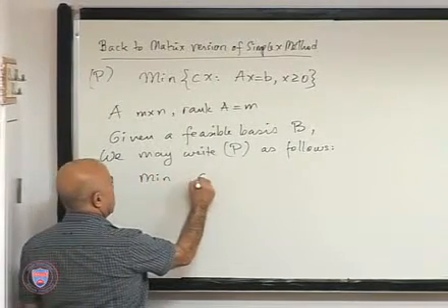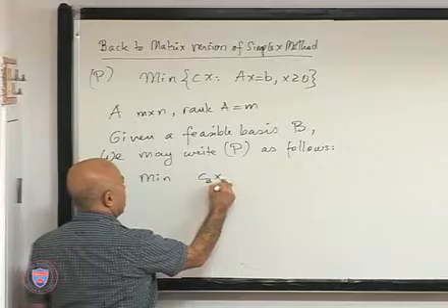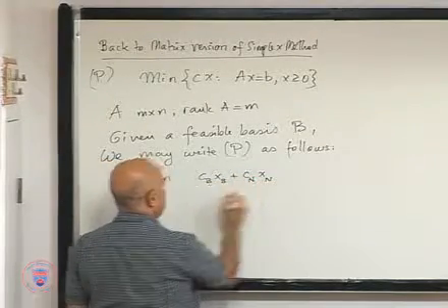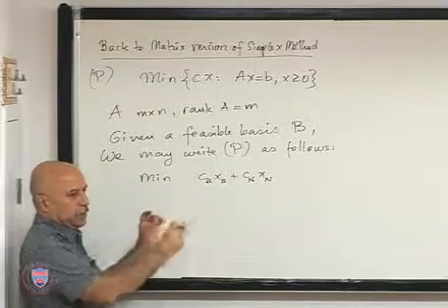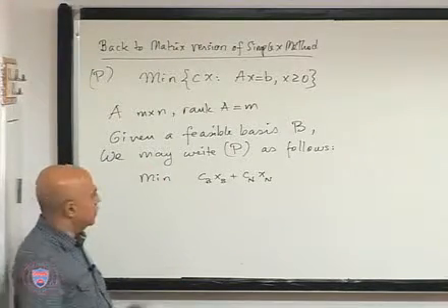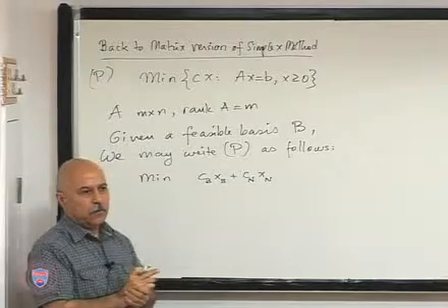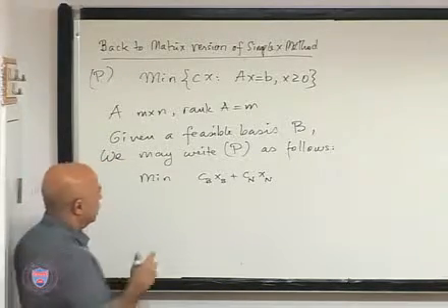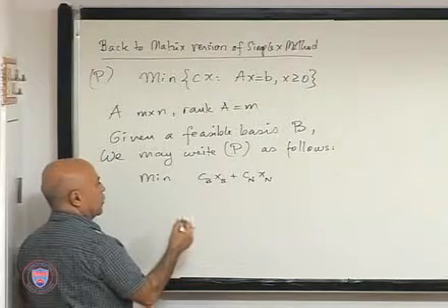Minimize CB XB plus CN XN. CB refers to the basic portion of the cost vector. CN refers to the portion of the cost vector consisting of coefficients of non-basic variables. Of course, these are both row vectors.